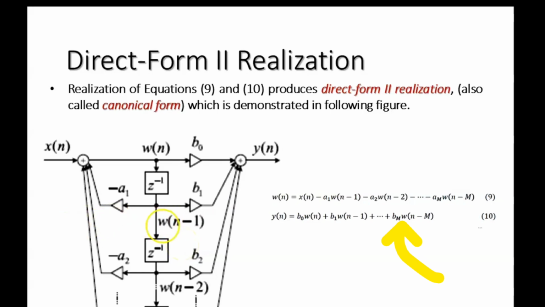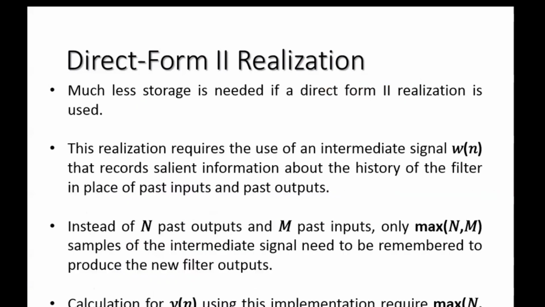From these equations, I can draw the diagram like this. If I solve the problem, it will be easy to draw this one. This diagram is also called the canonical form.